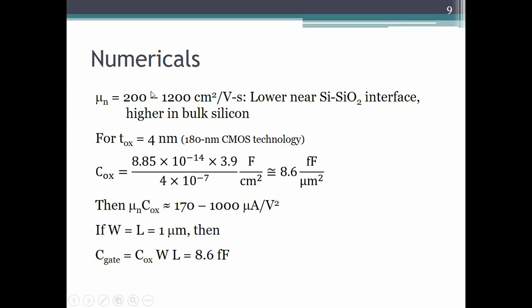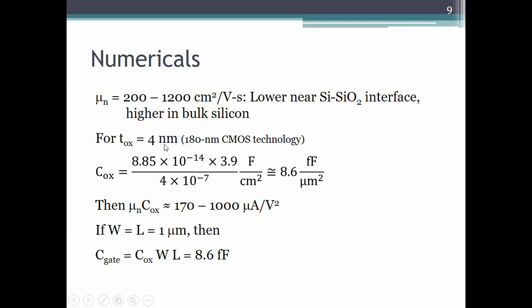So for MOSFETs, the mobility is more like 200 to 400. In bulk silicon, it can go up to 1200. If we take the oxide thickness as 4 nanometers, which is typical of 180 nanometer CMOS technology, which is what we will be using in all your simulations and designs.